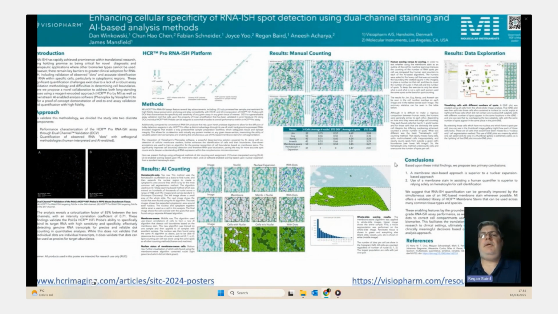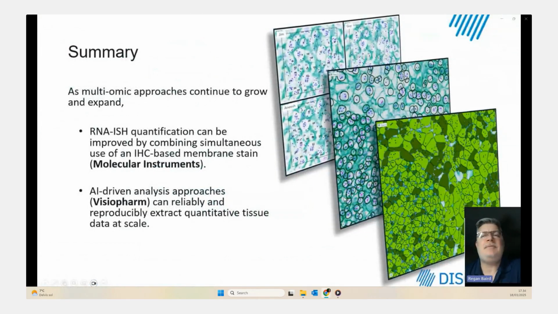My talk builds upon what we've just heard about ISH techniques and AI-assisted cell segmentation. We saw how membrane stains improve segmentation accuracy and help assign transcriptomic signals to the correct cellular compartments. We'd like to point out that there's wonderful dot detection that's also going on in this analysis that was just looked over, but there will be a companion piece to this at AACR in a couple of weeks in 2025.